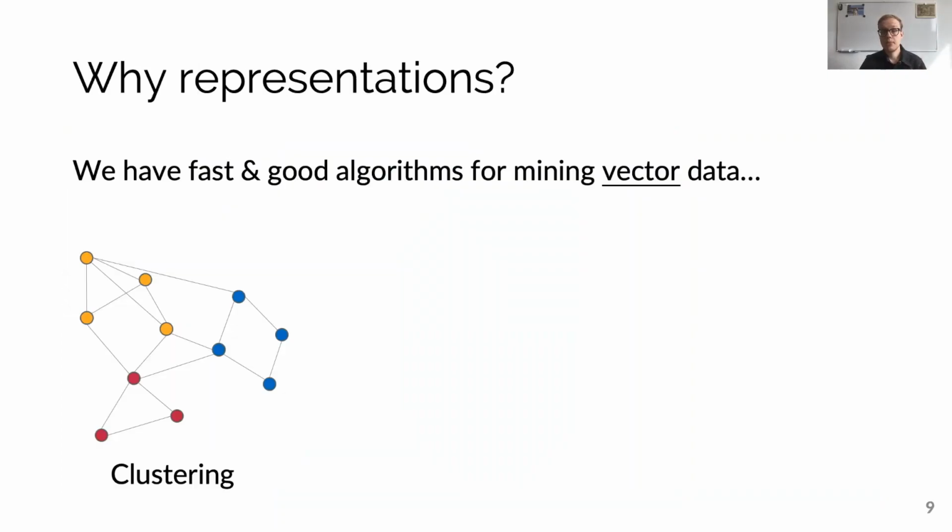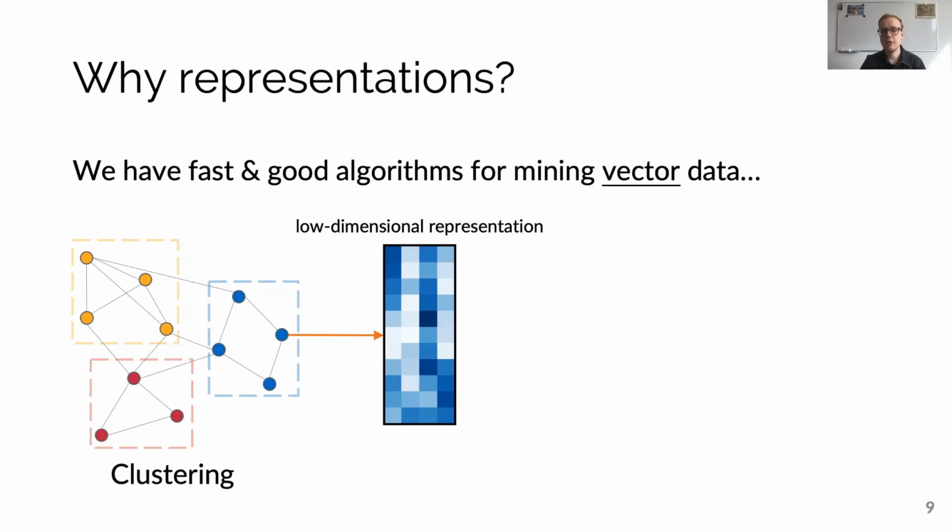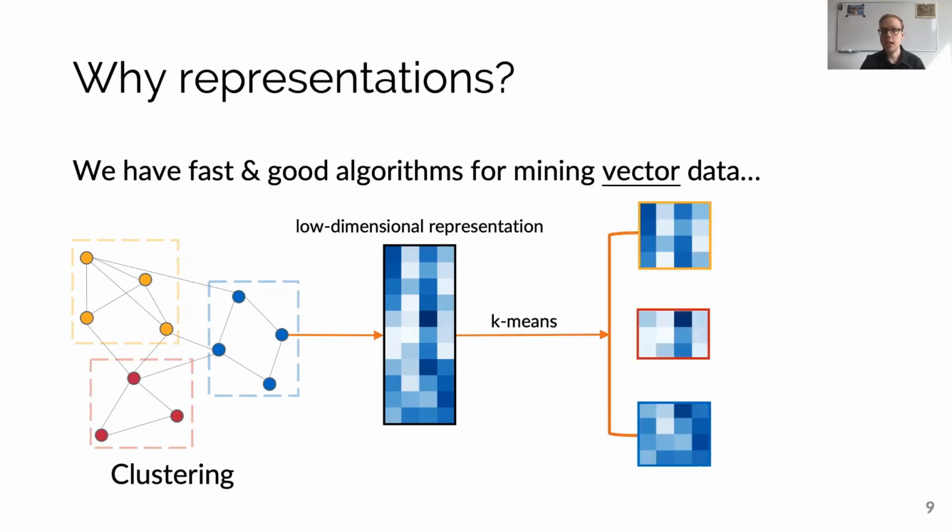So, a concrete example of how embeddings would help us solve a task. For example, we have a clustering task at hand, so we would have a graph and we would want to obtain some clusters for these groups of nodes. But we want to do that through some learned representations. So we have some low-dimensional representation, then we would just slap k-means on top of that and get the same clustering output as we would have with a sophisticated graph clustering algorithm.